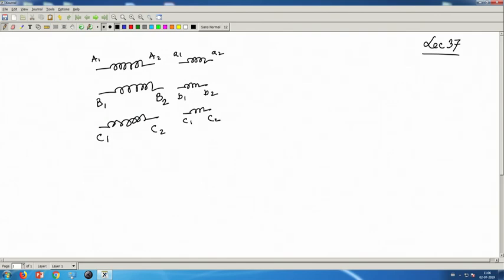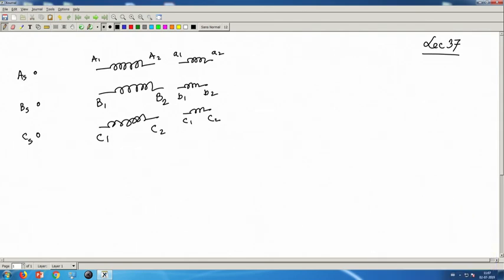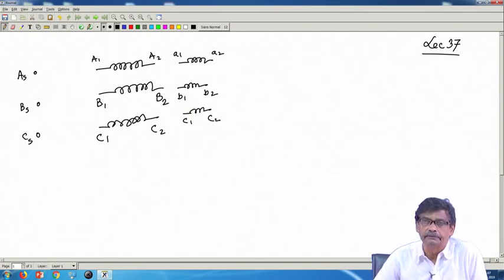Then you have the supply three terminals, that is AS, BS, and CS. Now, I have to connect the supply and connect the primary and secondary in a particular fashion as desired.